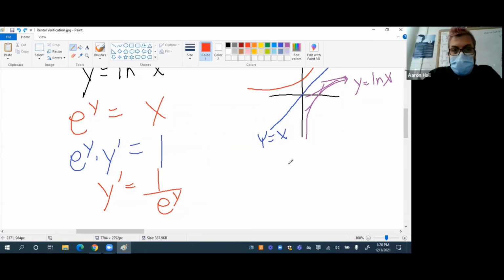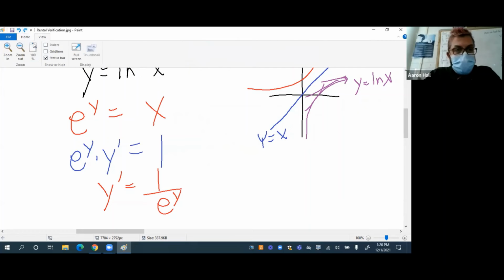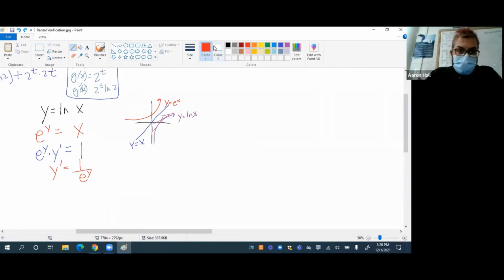E to the y equals x. So what if we plug that into here? The derivative of ln of x is 1 over x.